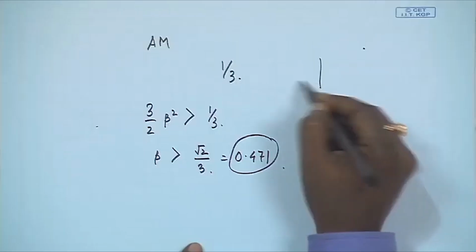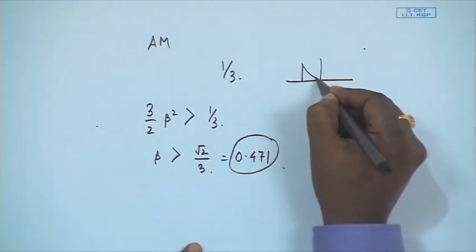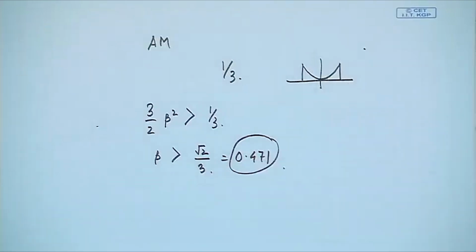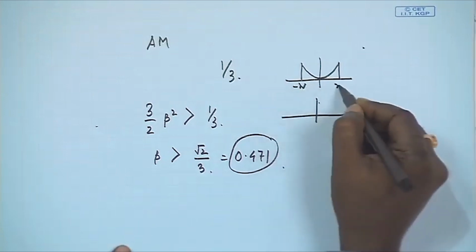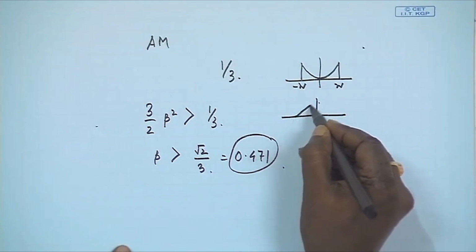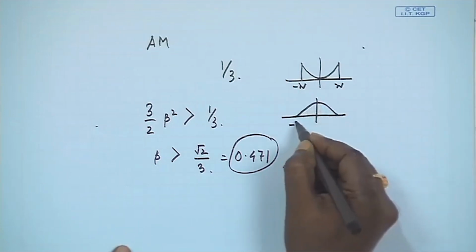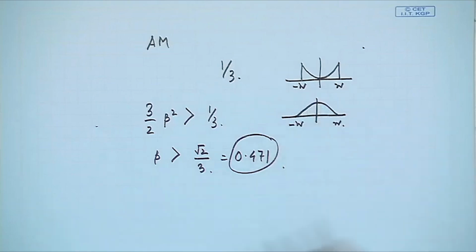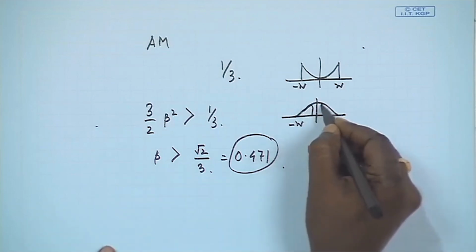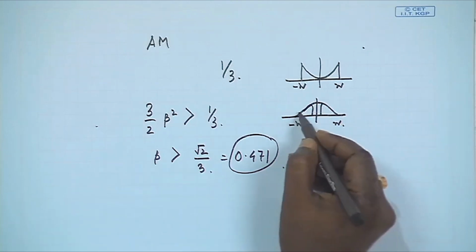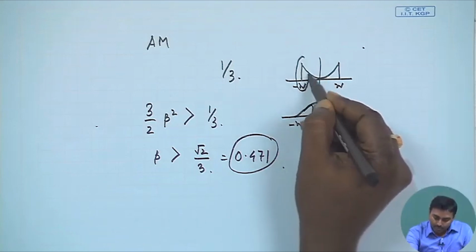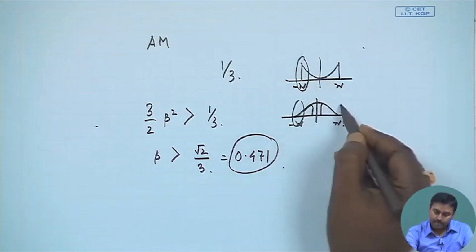If you just try to see the FM noise performance, this was the noise spectrum, from -W to +W, whereas the message will look like this, from -W to +W, or it might have nothing around 0, if it is a voice signal. Whatever it is, we can see that more noise is added at the higher frequency part.